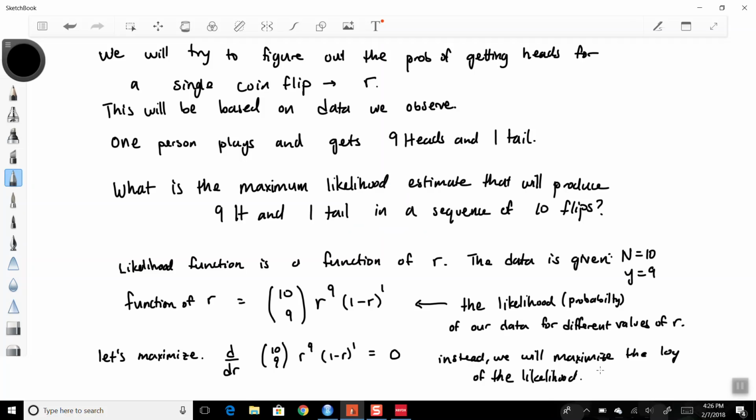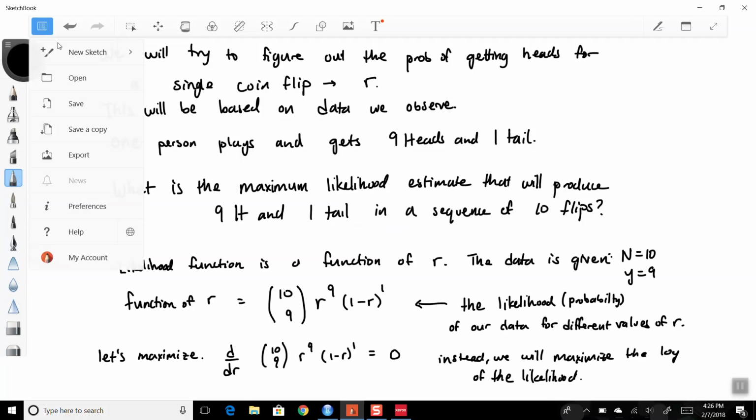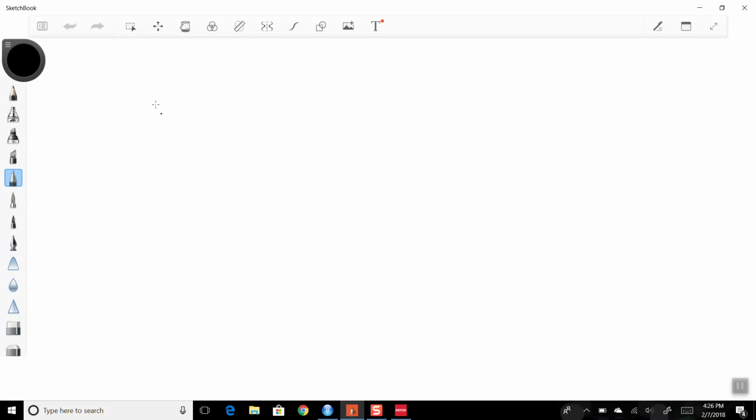Okay, and then I'll just do that on the next slide. Something happened to my keyboard. Okay, so we have 10 choose 9, r raised to the 9 and 1 minus r raised to the 1, and then we'll take the log of this.